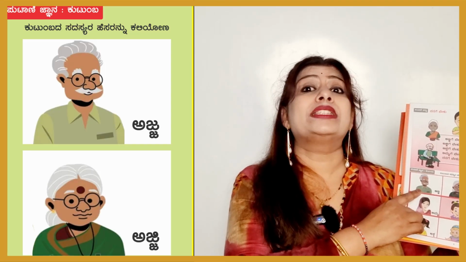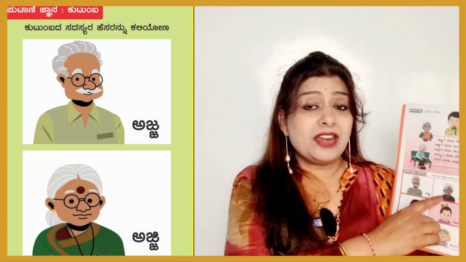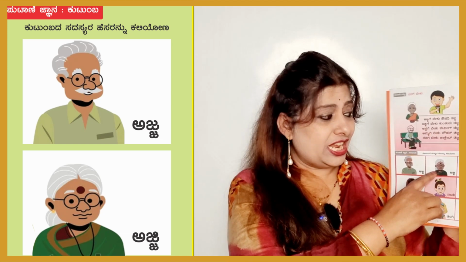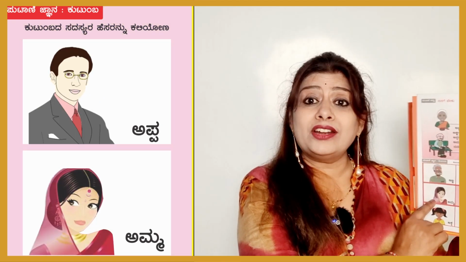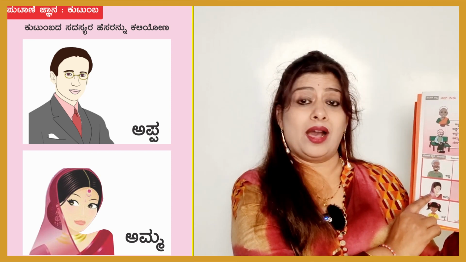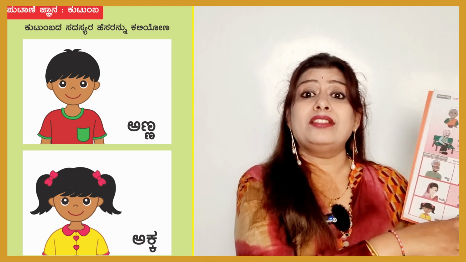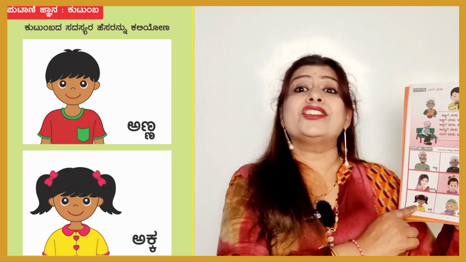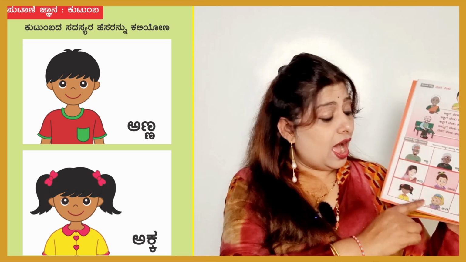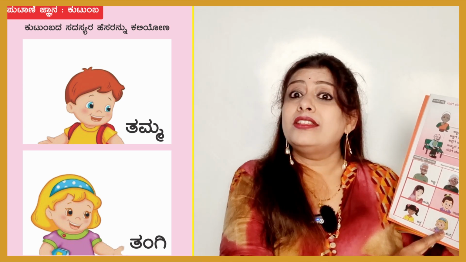She introduced the grandfather as Ajja, grandmother as Ajji, father as Appa, mother as Amma, Nanu as me, and elder brother as Anna, elder sister as Akka, younger sister as Tangi, and younger brother as Tamma.